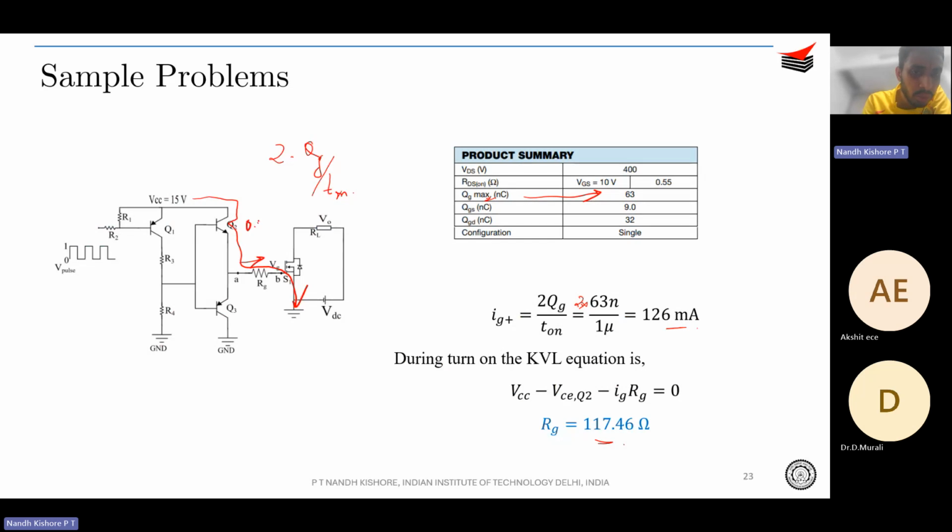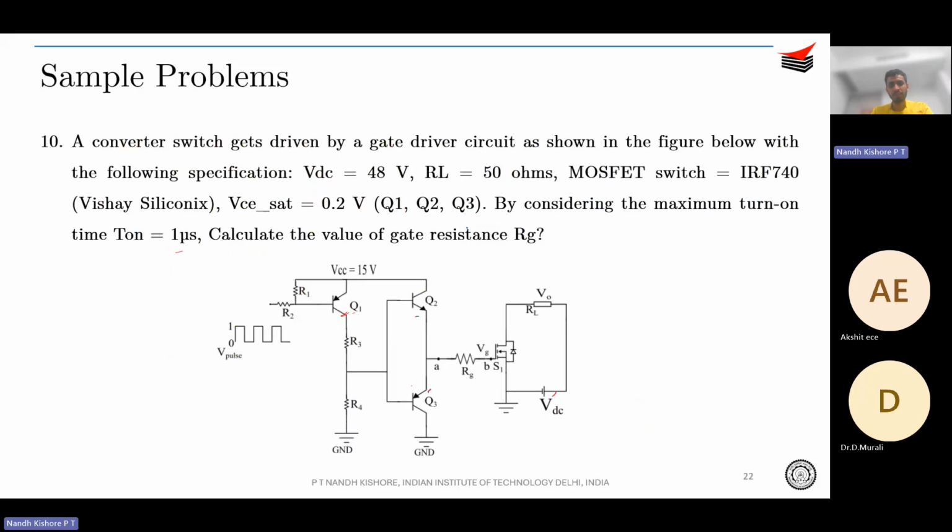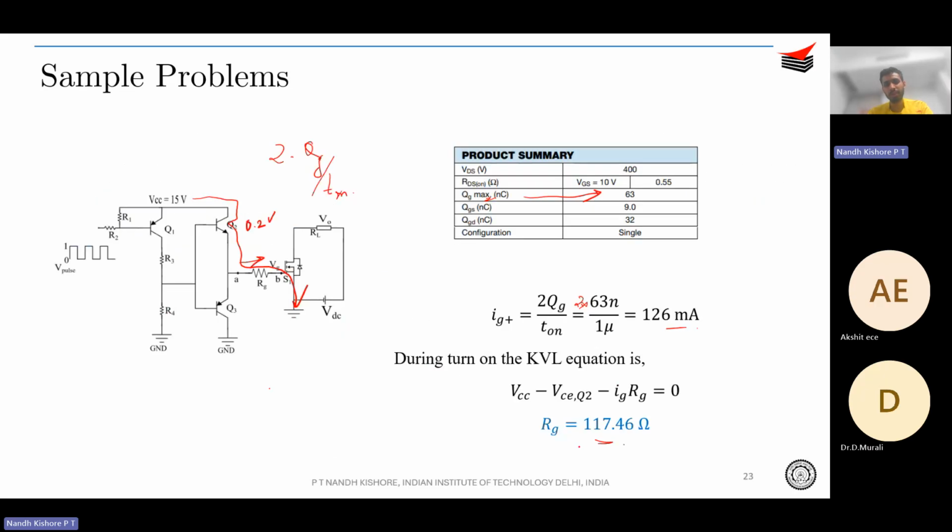So 15 minus 0.2 volts minus IG RG, right? You can compute RG from here. IG is 126 milliamp. Whatever you considered as IG plus was this current. You have a gate current something like this, right?